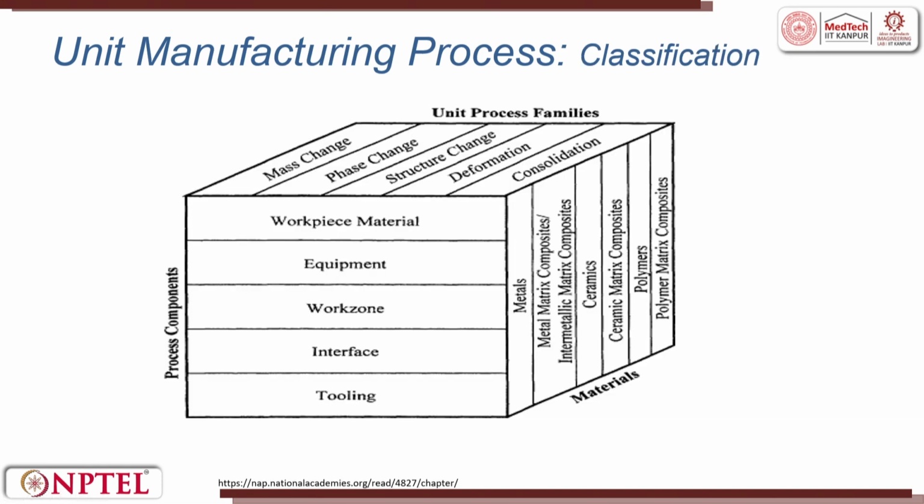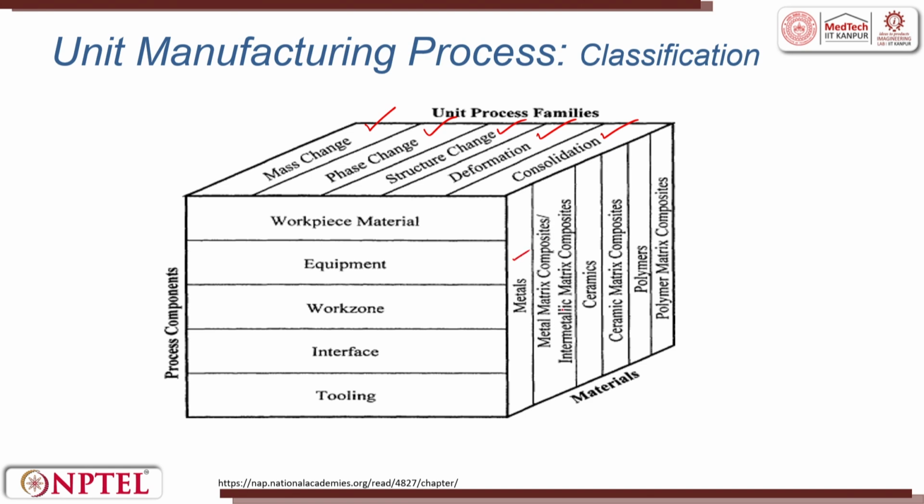Now, unit manufacturing processes and process optimization. There are families of unit manufacturing processes. For example, there are unit manufacturing processes which work on mass change, then phase change, structure change, deformation, consolidation. I'll talk about all of these, and these are further also optimized based upon the kind of the material that we are using.